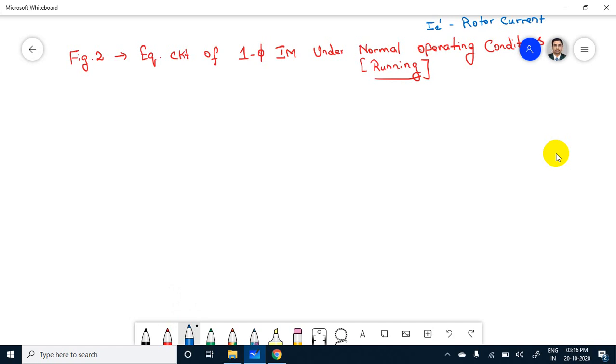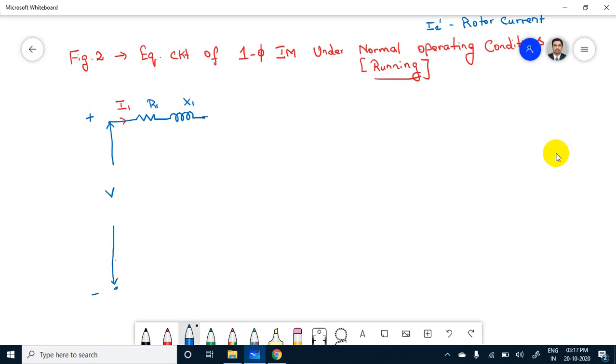Okay, so the same procedure, plus minus the supply which we are giving, voltage V. Okay, so once you give the voltage, the current flows in the stator, that is I1. Okay, and afterwards it will be given in the stator R1 X1.